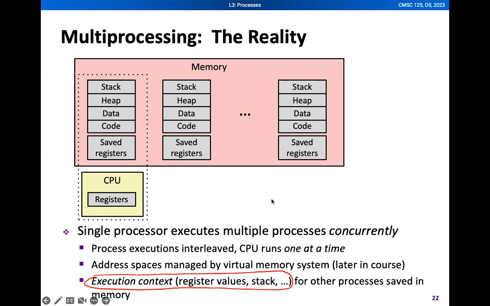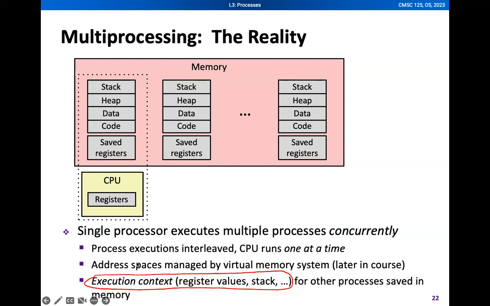Process A will execute, then temporarily suspend. Process B will execute, then stop, then it will go back to process A, which resumes, then temporarily stops again, then B will run again, and then another process, etc. That is what is meant by interleaved process execution, wherein the CPU runs one at a time.